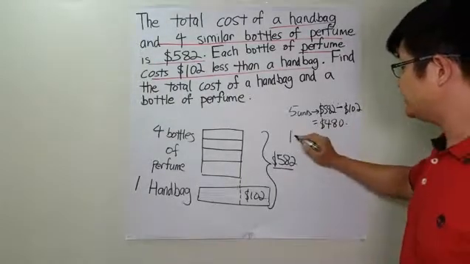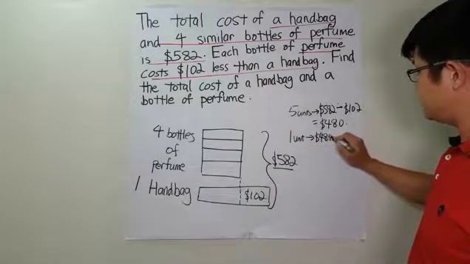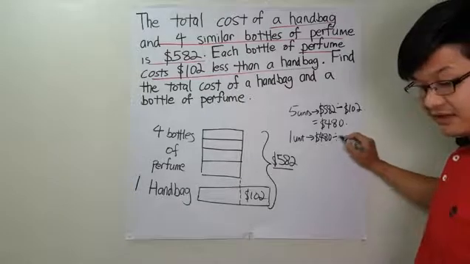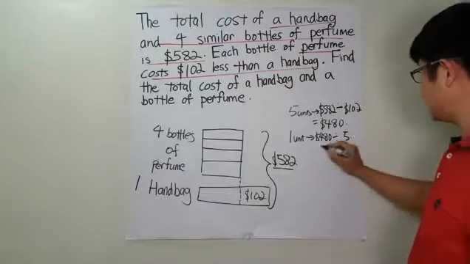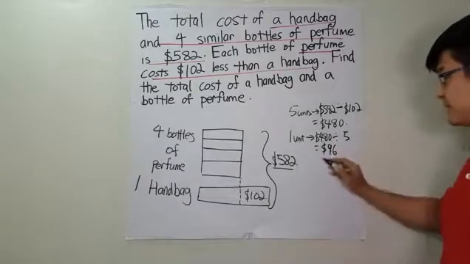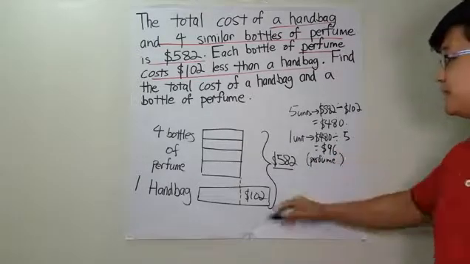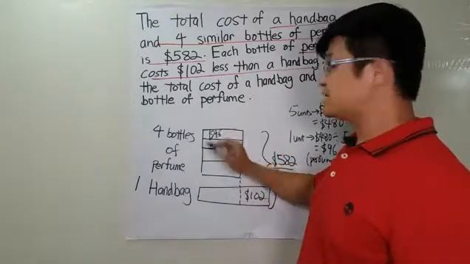Now, 1 unit would therefore be 480 divided by 5, and that will give me $96. This means that one bottle of perfume is going to be $96.